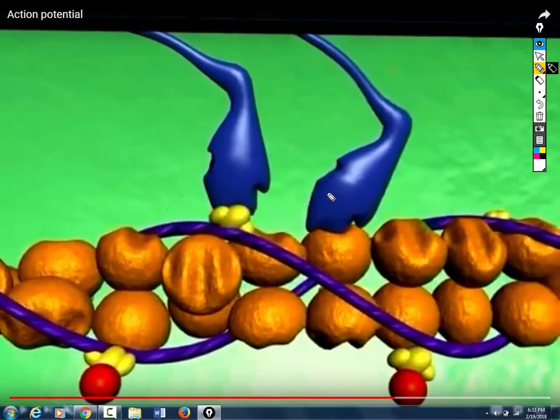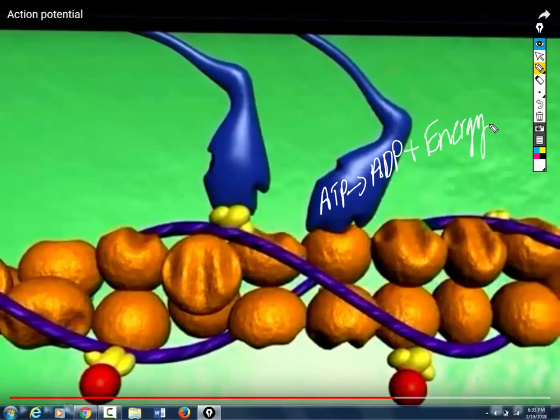And when the myosin head binds to the actin molecule, ATP gets the third phosphate broken off, and it's broken down to ADP plus energy plus heat. And that energy is enough to swing that myosin head.